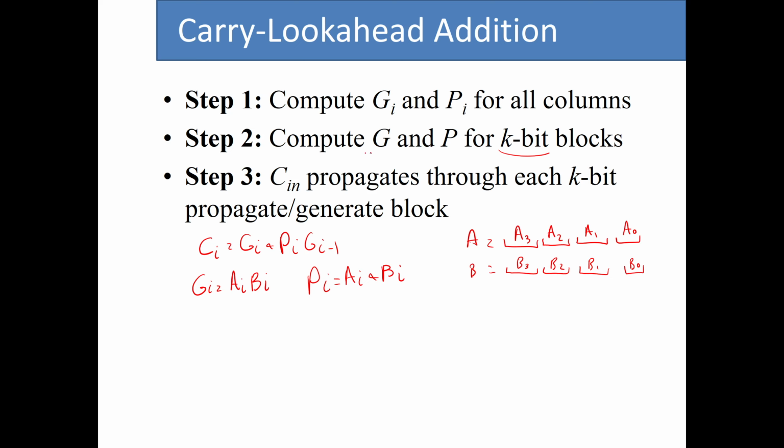Now we want to compute the G and P for k-bit blocks. For doing that, we need to repeat this process several times to get to the final equation. So if I have this value calculated for C0, basically the first set of bits, it's going to be G0 plus P0 multiplied by Cin, basically the carry in that we have at the beginning of the process.